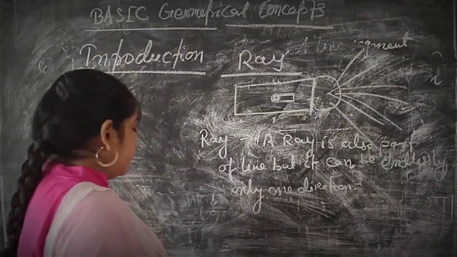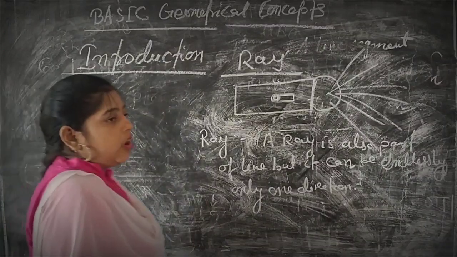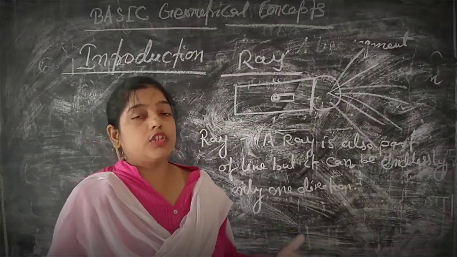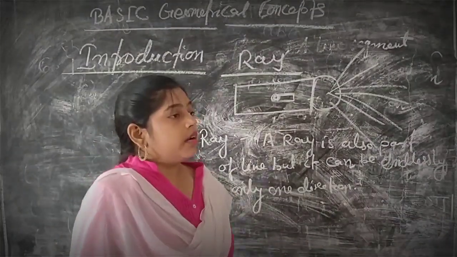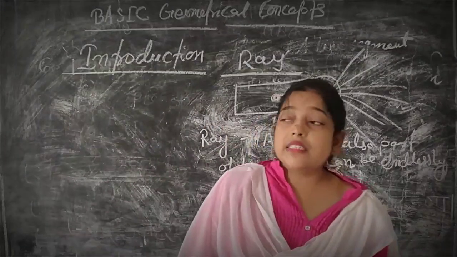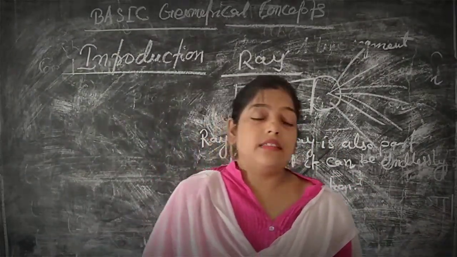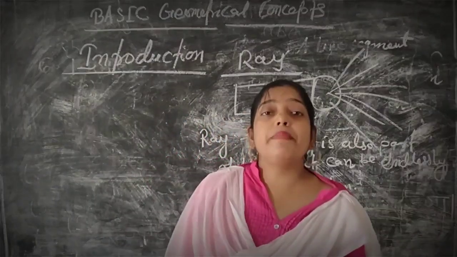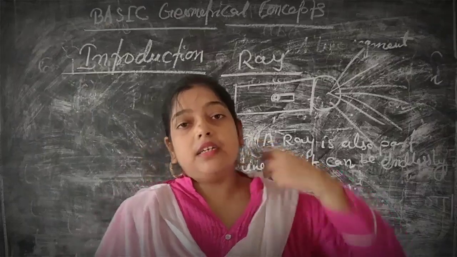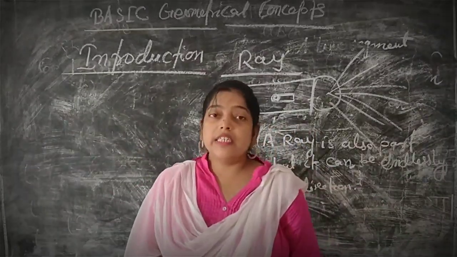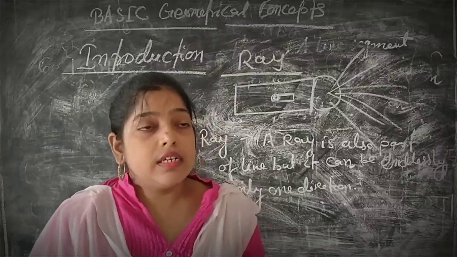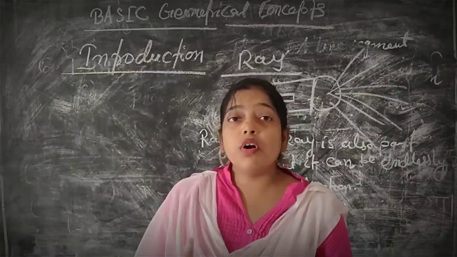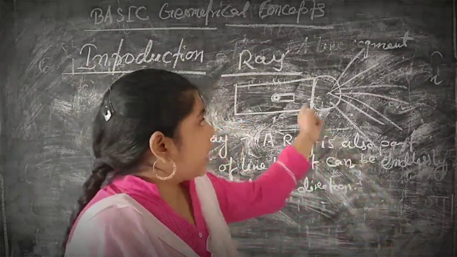In our environment we can see the torch, we can see the bulb, and the flow of light. So the basics of geometry: first is a point, second is a plane, third is a line, fourth is a line segment, and fifth is a ray.